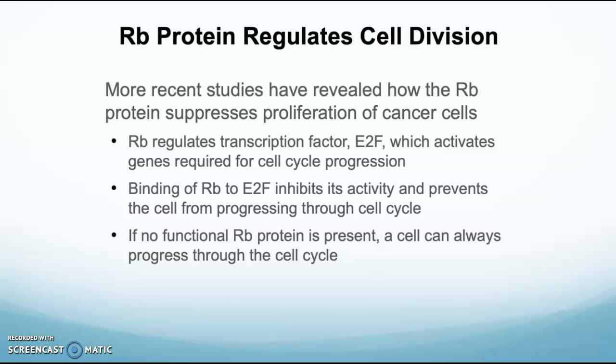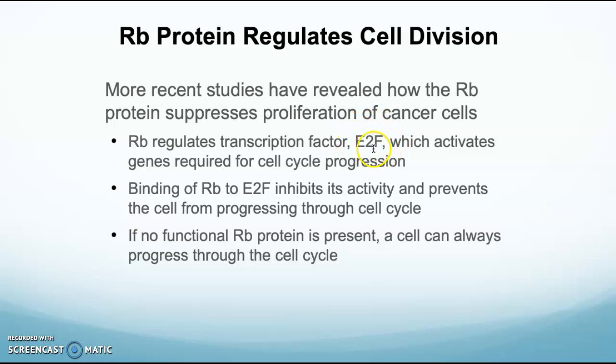One of the recent studies about this with retinoblastoma was that there's a protein which can actually suppress the proliferation of cancer cells. And this protein we think of as a tumor suppression gene. There is one called RB, and it has the ability to regulate a transcription factor, E2F, and I'll show a figure in just a minute.